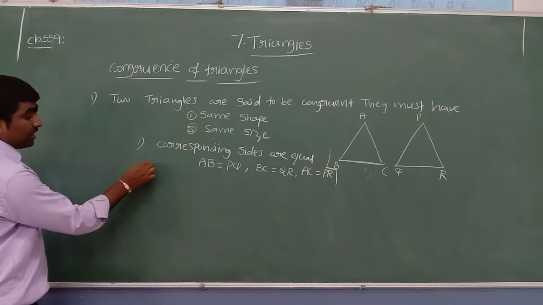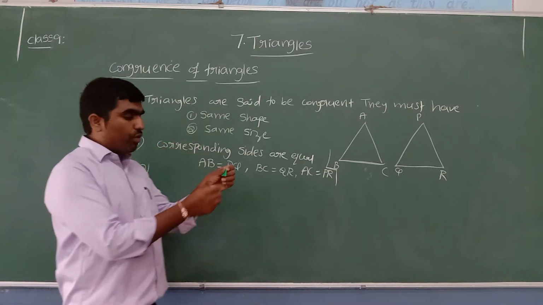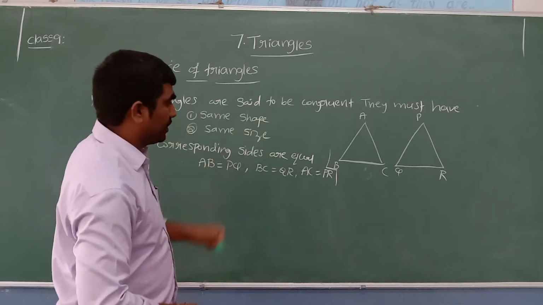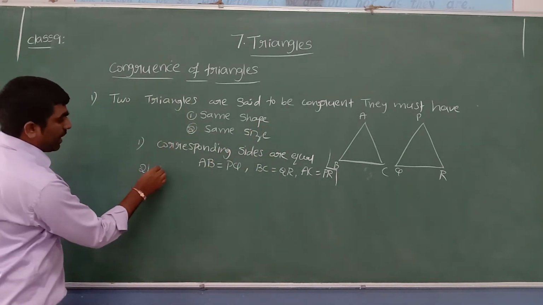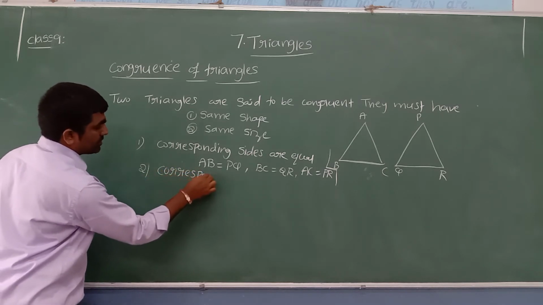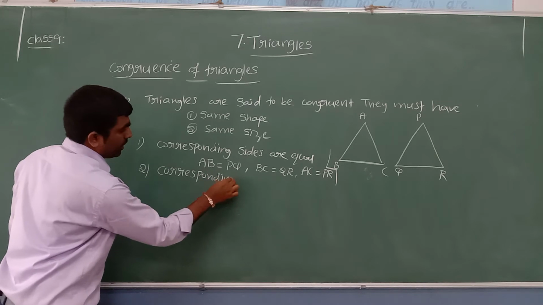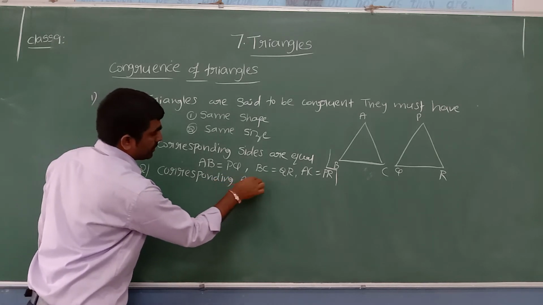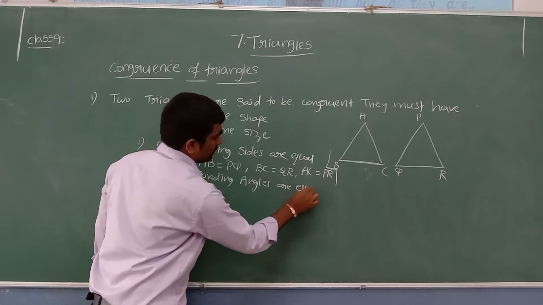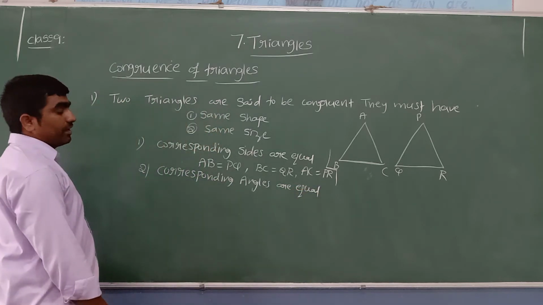Not only sides, even angles also will coincide if they are congruent, when we keep one over the other figure. Means corresponding angles are also equal.